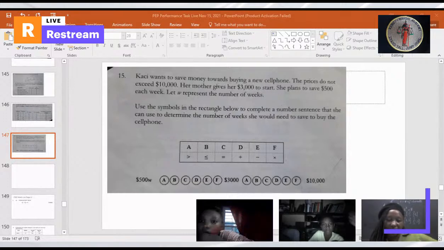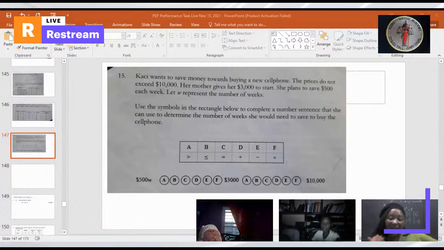She got $3,000 from her mom as a start, right? So she has that $3,000 already, and then for each week she's going to save $500. So it will be the $500 times the number of weeks she's going to save. That's why they have the $500 W, because W represents the number of weeks.